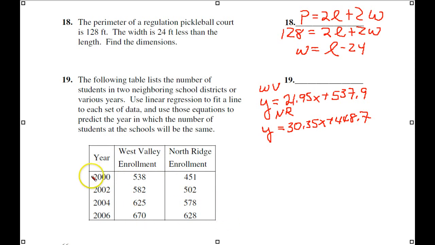So we have a year, we have enrollment, year, enrollment, and that applies for these two schools. So you could take any two of these years, probably this one and this one, and figure out what the slope of each line would be. First this one, and then do the other one.